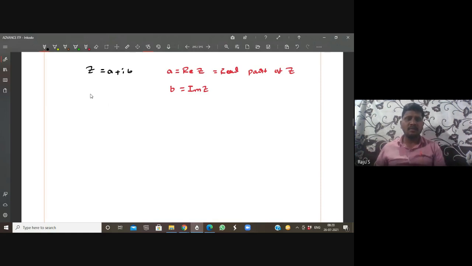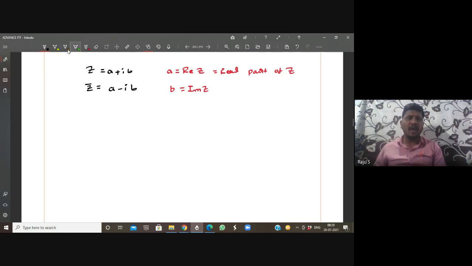Since here, when I take Z conjugate, it can be denoted by Z bar. This is a minus iota times b.